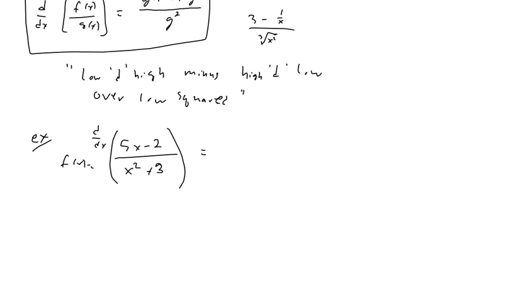So this is low, and this is high. So low d high. I take the low part, I leave it alone, that's going to be x squared plus 3. It's low d high. So what is my derivative of this upper part?